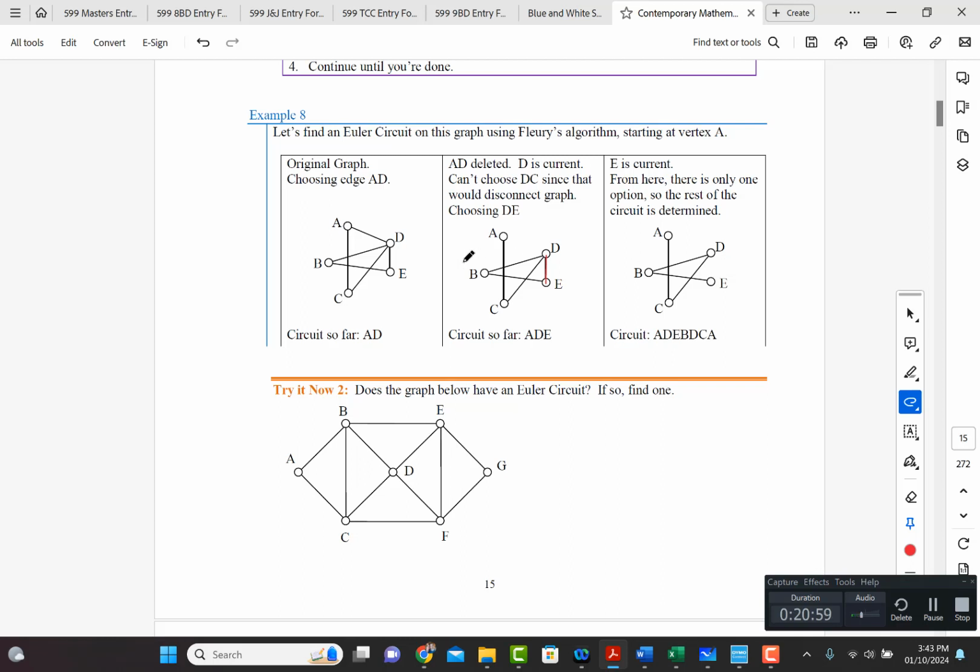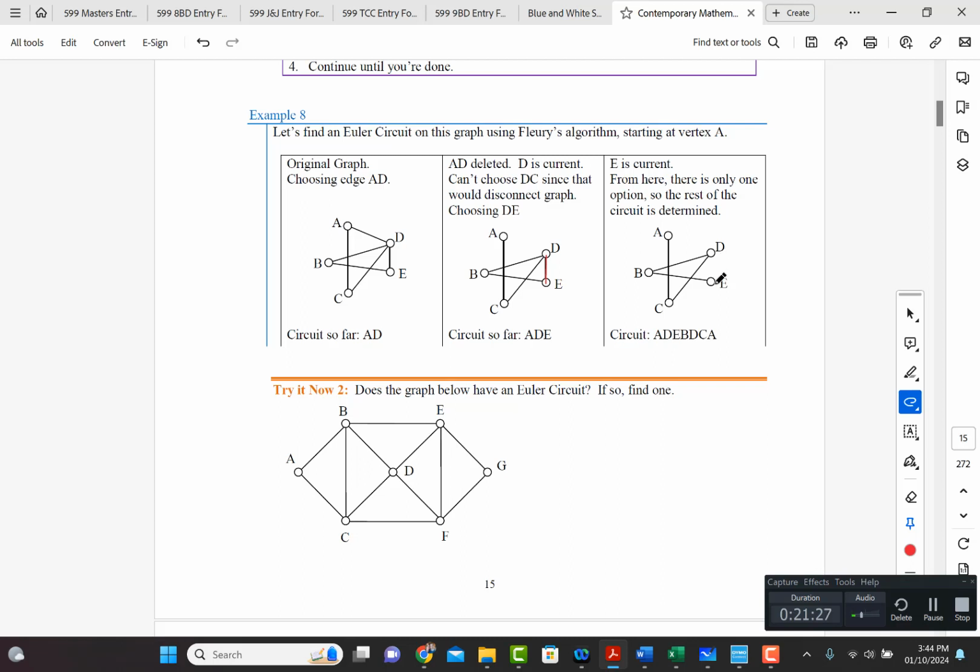Right? And now, okay? And so now, what do we have? Our circuit. So right now here, we have ADE, right? So choosing D, now we have ADE.